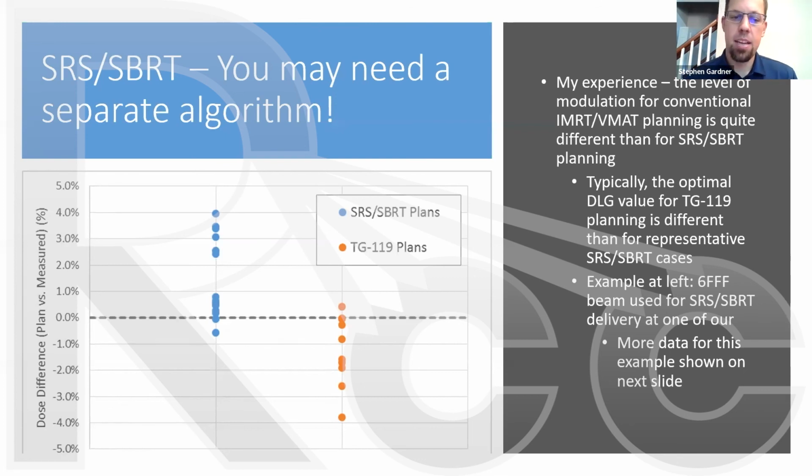You can see immediately, visually, that there's a different level of agreement for the SRS SBRT plans versus the TG119. There's a systematic difference there. So the optimal DLG for the TG119 planning is different than for the representative SRS SBRT cases. If you're using this algorithm primarily for SRS and SBRT, then you're going to want to take that into account.